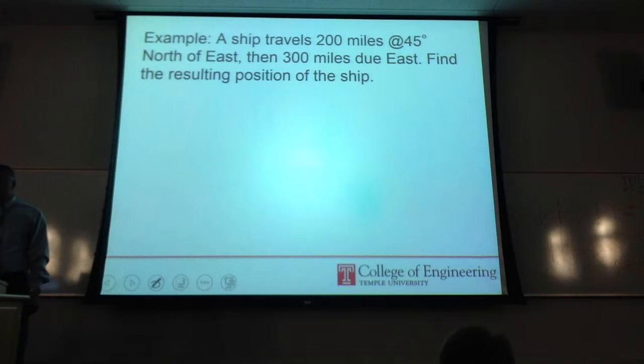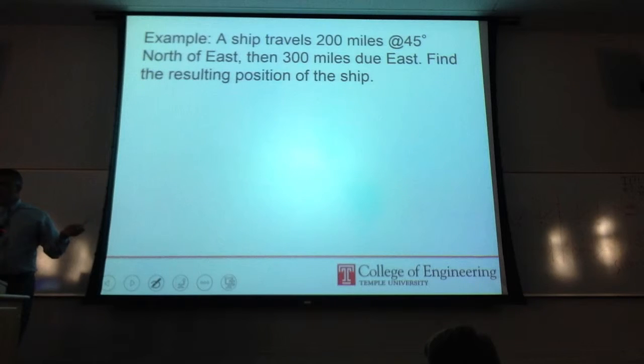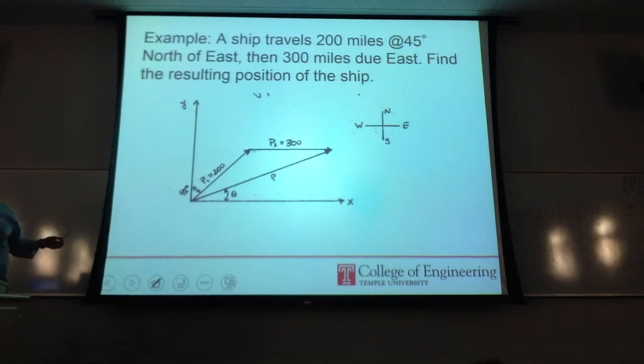And then 300 miles due east. Now we want to find out the position of the ship. Now you all know, oh, this is a piece of cake. I know this. This is vector. All I have to do is draw the diagram.